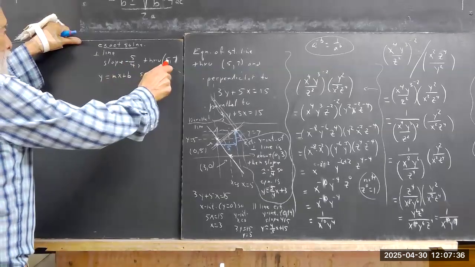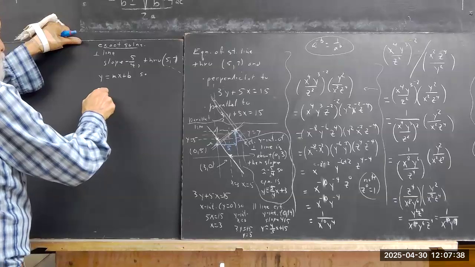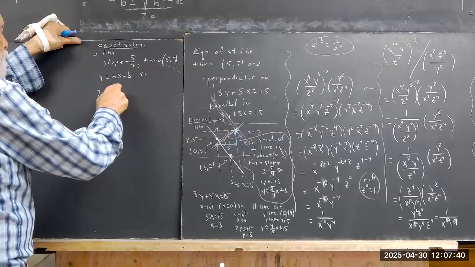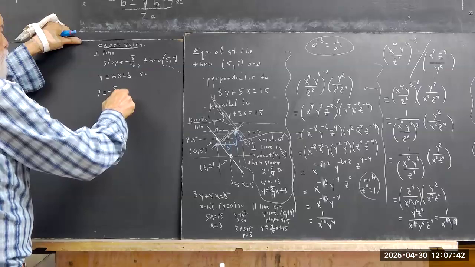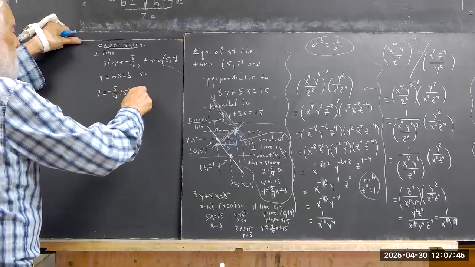There's your slope. There's an x and a y coordinate. So you get 7 equals -5/4 of 5 plus b.